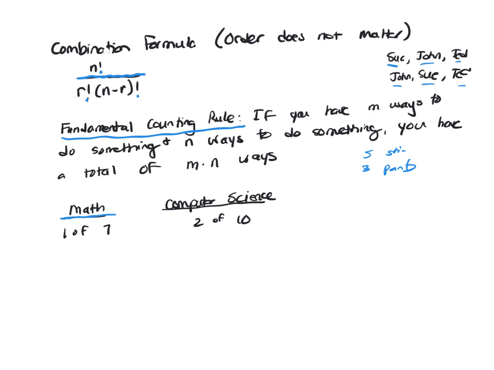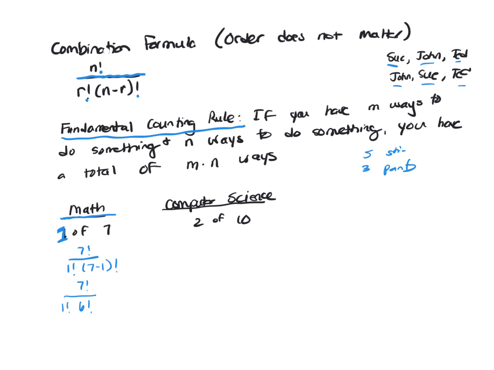So that would be 7 factorial over r, that's going to be the 1, r factorial, that's 1 factorial, over n minus r, that's 7 minus 1 factorial. So we have 7 factorial over 1 factorial, and 7 minus 1 is 6 factorial.